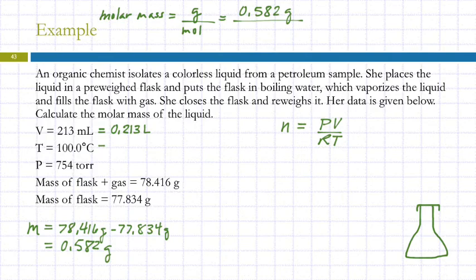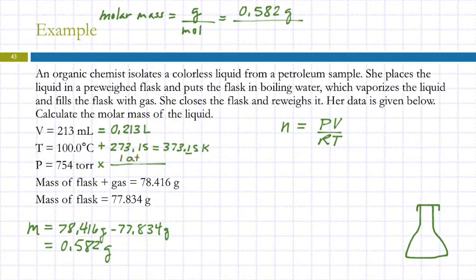100.0 degrees Celsius. This time, because it's got 1 decimal place, I want to use 273.15. So that's going to be 373.15 Kelvin, with the last sig fig in the tenths place. And then torr. Torr is just another name for millimeters of mercury.